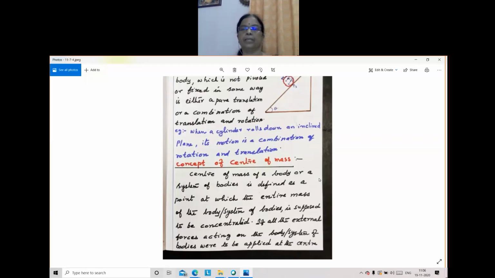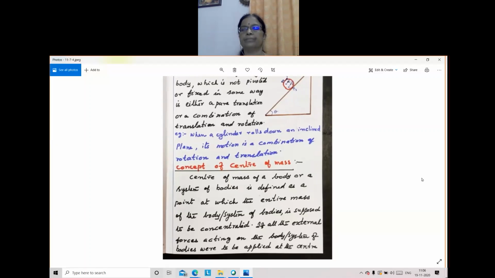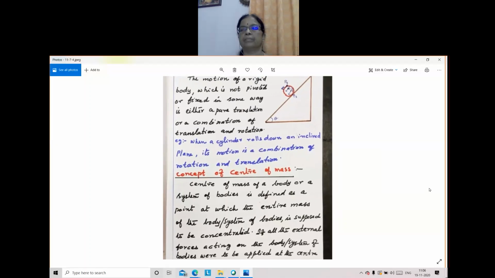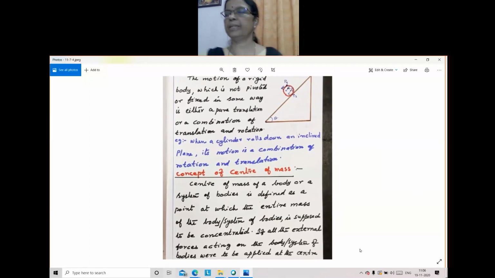So yesterday I was about to explain center of mass, and I showed a figure. And I showed that example with the mobile. I think you are able to see this mobile.